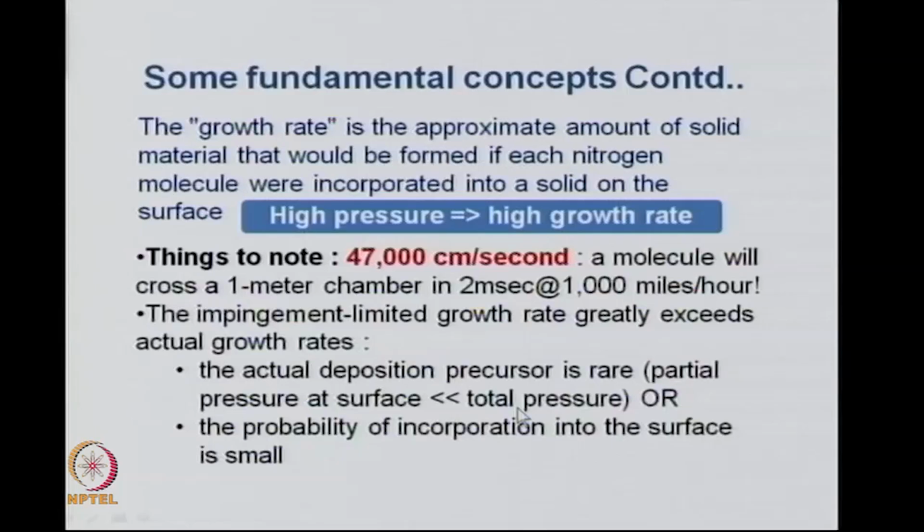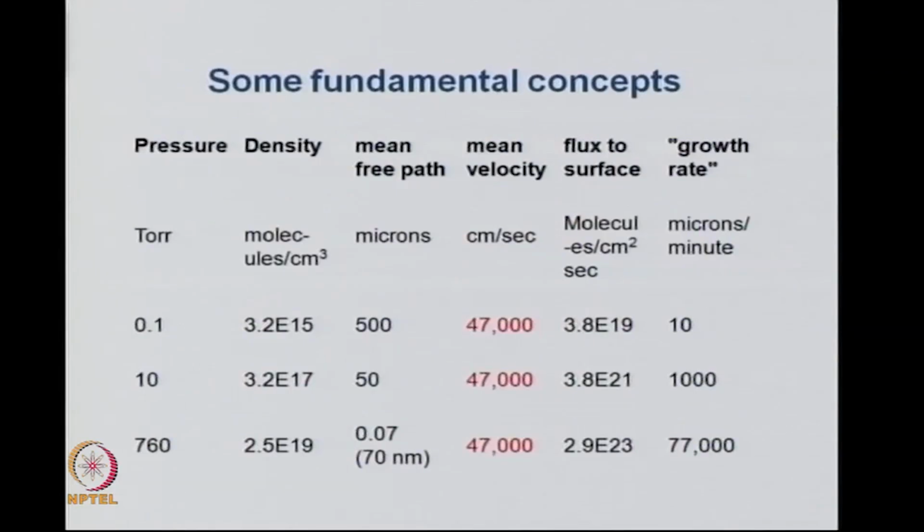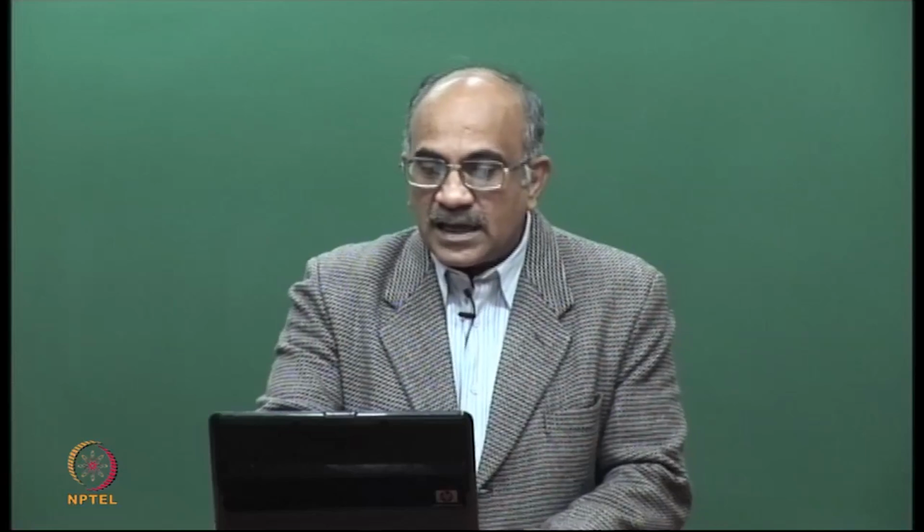So, there are two things: one, that the partial pressure we are assuming for the total gas is not the same, and the actual partial pressure at the surface is much lower, or the probability of incorporation of these gaseous molecules onto the surface is small. The other thing that we have to discuss: we discussed some fundamental concepts using Maxwellian distribution of the velocities of these gaseous molecules and assuming ideal gas behavior.